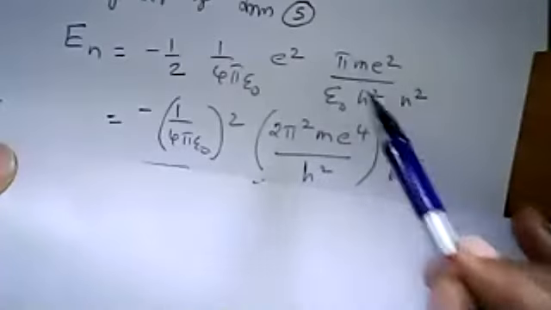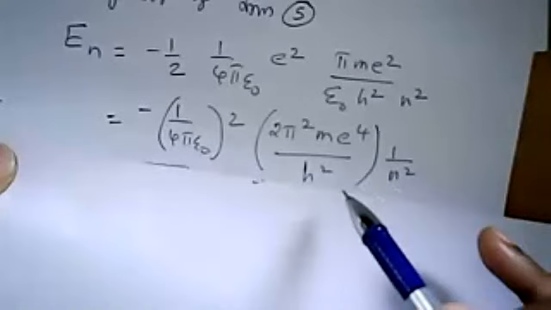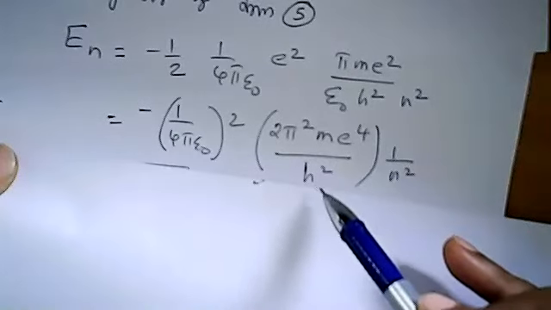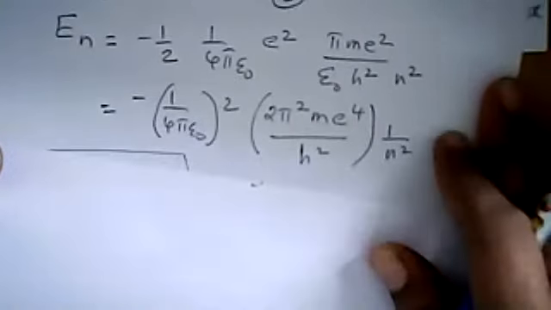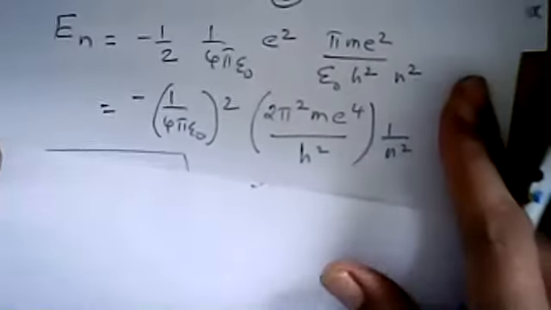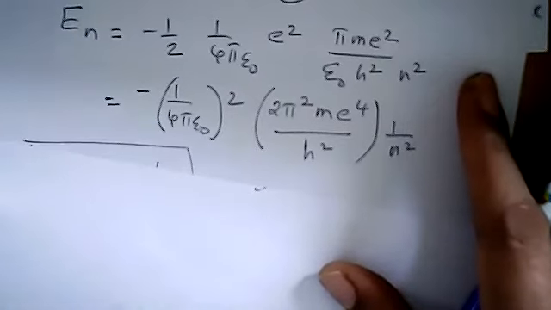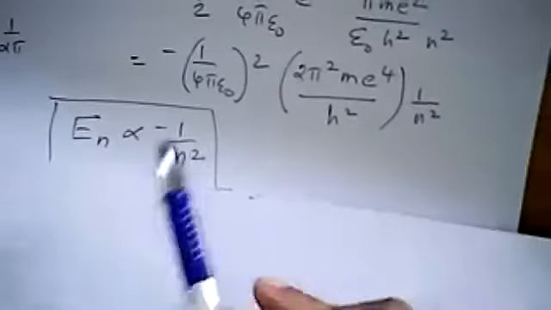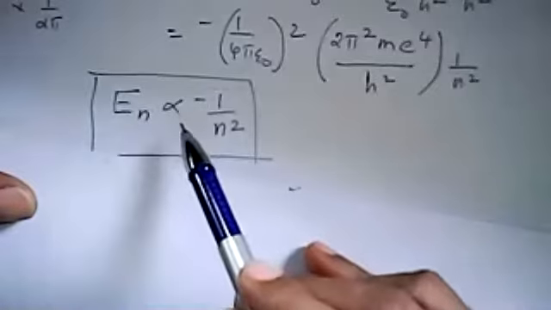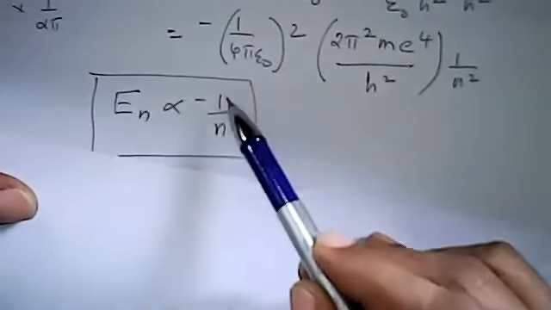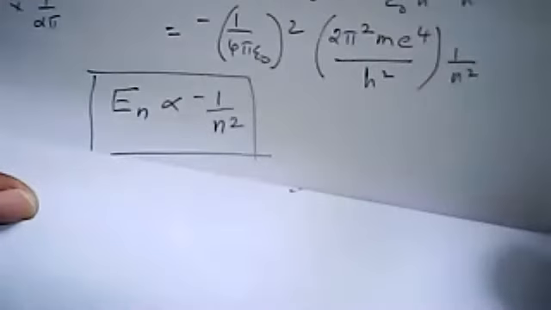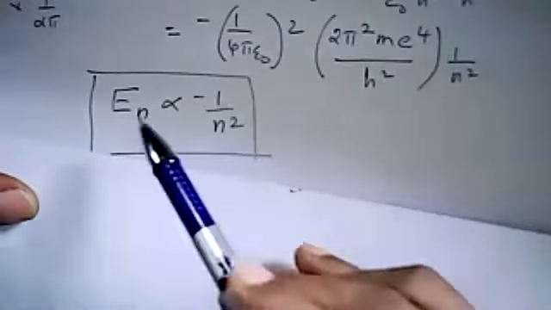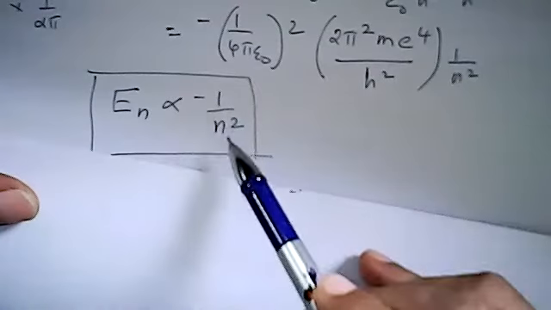So 2 pi square m e to the power of 4 by h square, then 1 by n square. All the bracket terms are constants. So from this we can write En proportional to minus 1 by n square. This entire thing is constant. So En is proportional to 1 by n square.